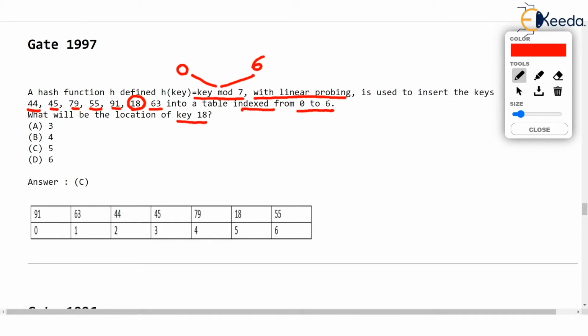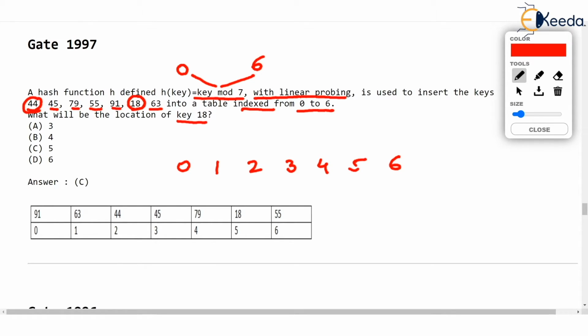So I have already solved the question, but just to solve it again, we have 0 to 6 locations, correct? This is the hash table. Now let us take the first key 44. Because the function is key mod 7, if you divide 44 with 7, 7 sixes are 42.